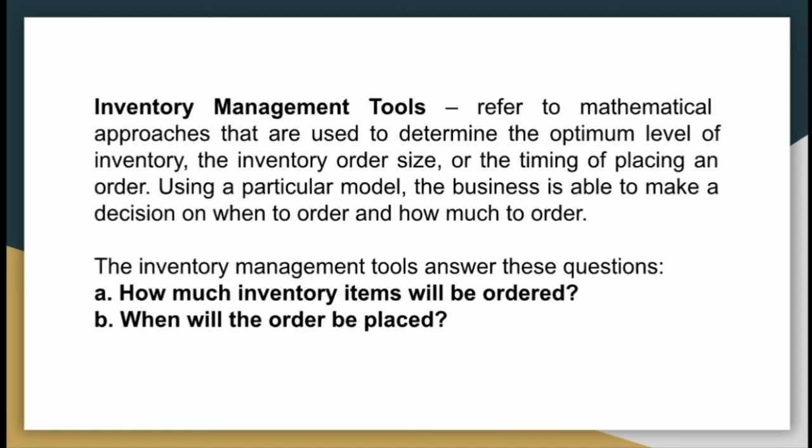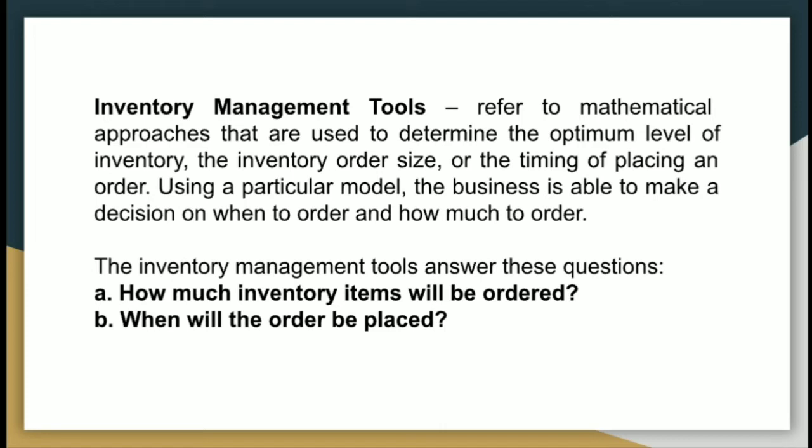So, what is inventory management tools? When a company orders an inventory item, they use tools. So, how do we define these tools? These tools refer to mathematical approaches that are used to determine the optimum level of inventory, the inventory order size, or the timing of placing an order.